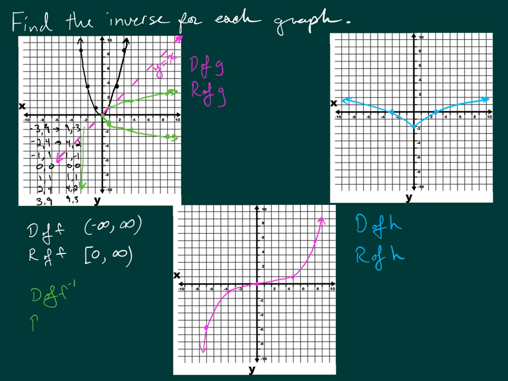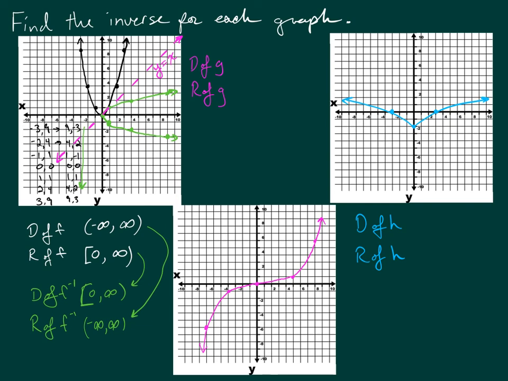So the domain of f inverse and the range of f inverse, that's what this little negative 1 here means. That is an inverse. All of the x's became y values. And all of the y values became x values.